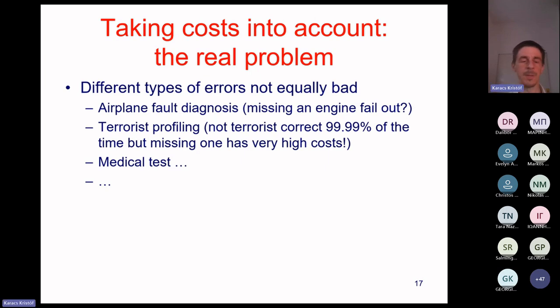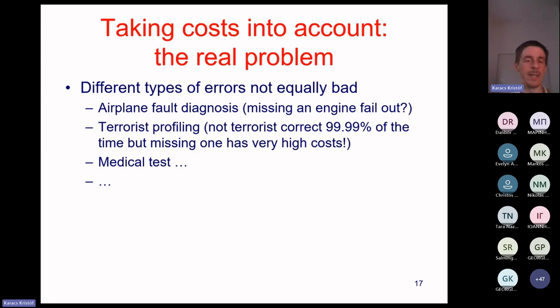So if you consider examples where you try to diagnose an airplane, then a false positive prediction of an error, so if you find an error in a case when there is no error, causes way less problems than if you don't find an error if there's one.